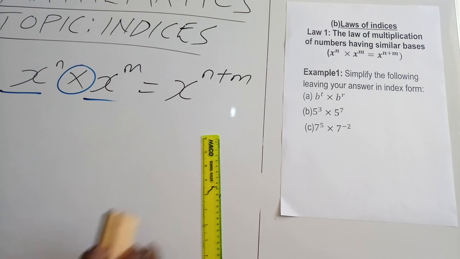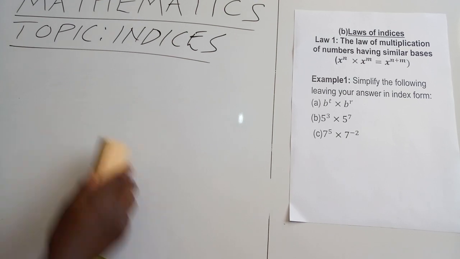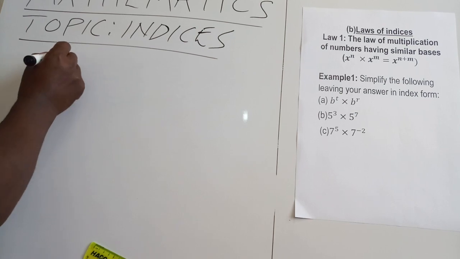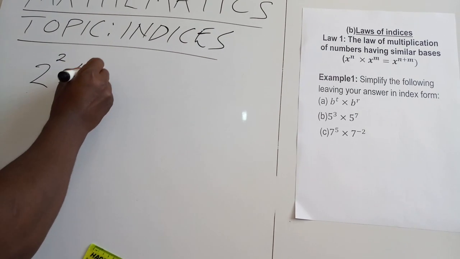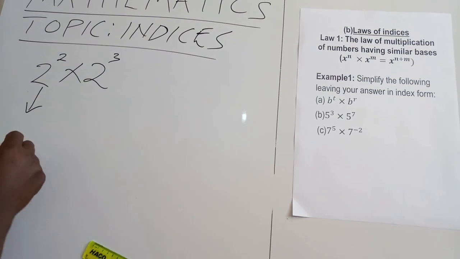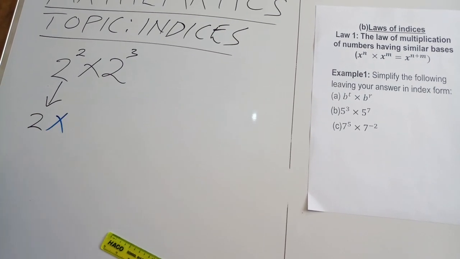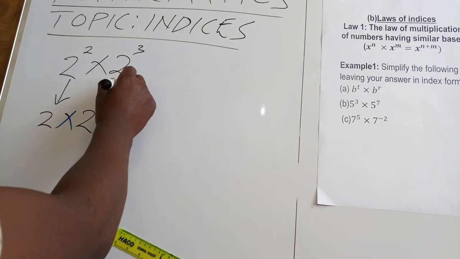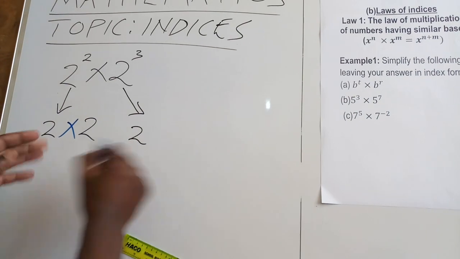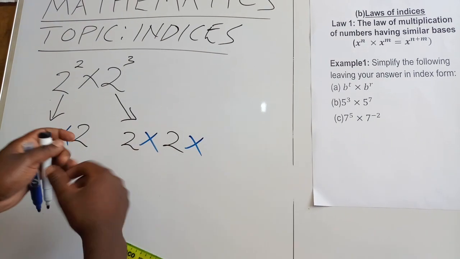Now let me give a simple illustration before we proceed to discuss our first example. Now we have 2 to the power of 2 times 2 to the power of 3. Now 2 power 2 means you are multiplying the 2 by itself 2 times. The 2 power 3 means you are multiplying the 2 by itself how many times? 3 times.